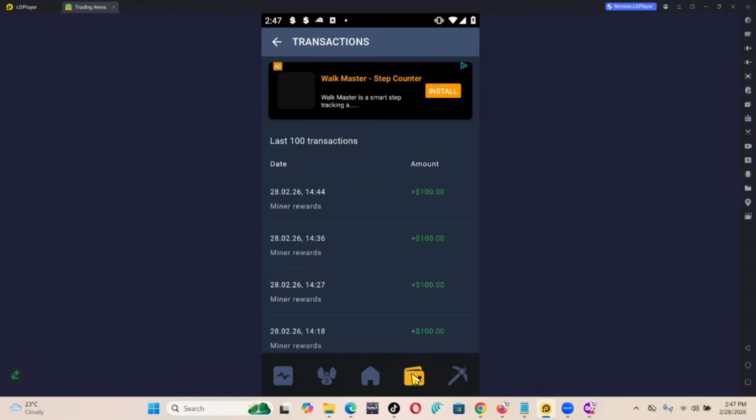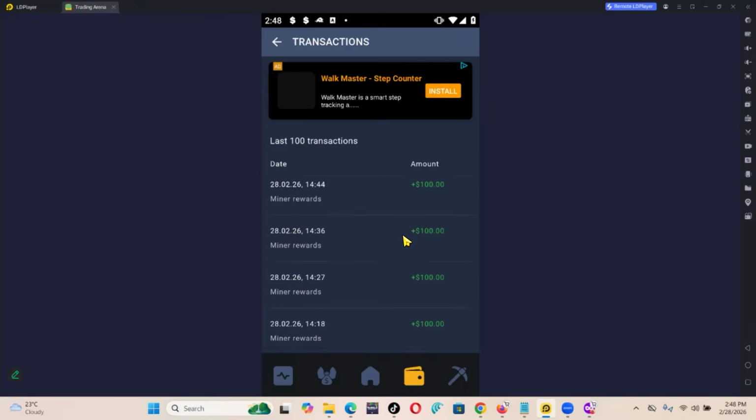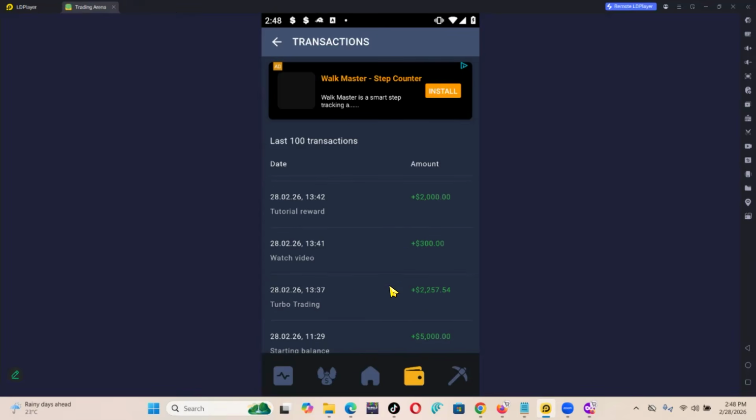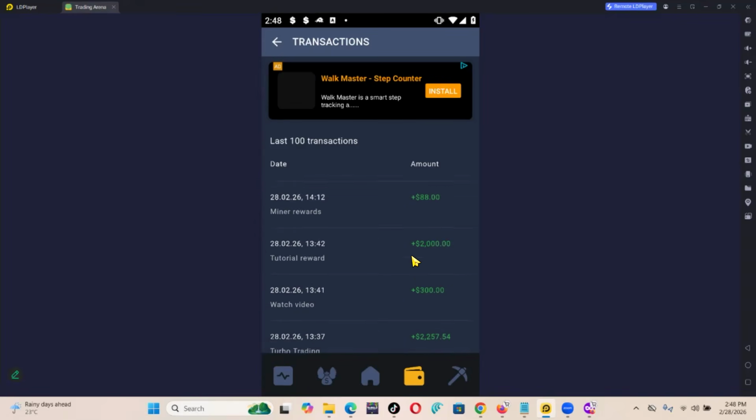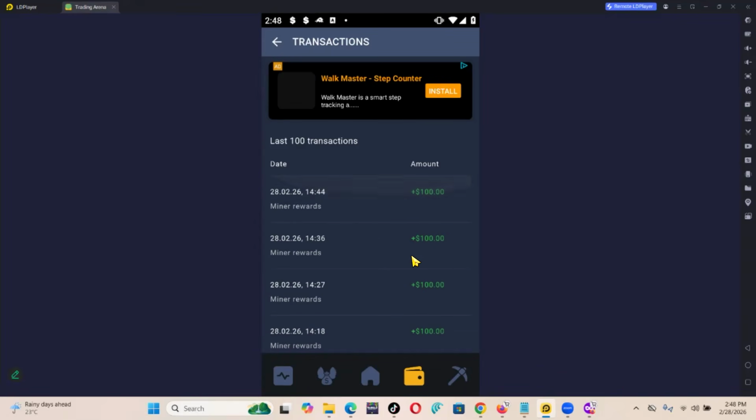There is home, and this is transactions. Transactions are mainly things that you are engaged in within the app, for example, if you watch a video or do daily logins, all of that.